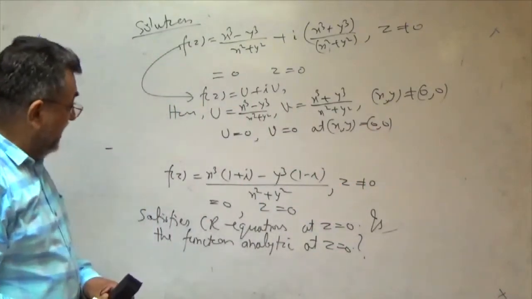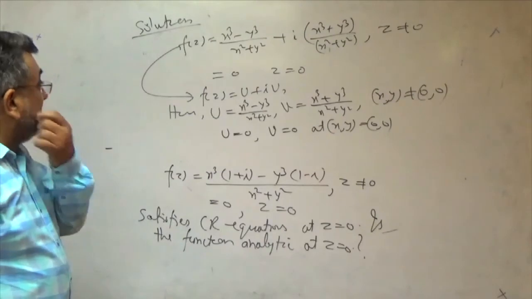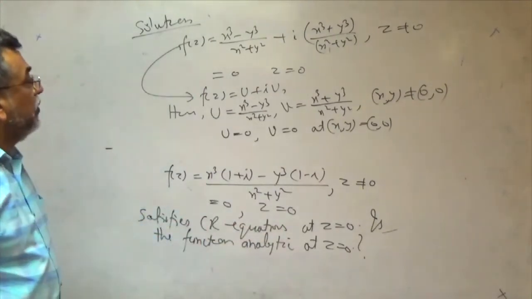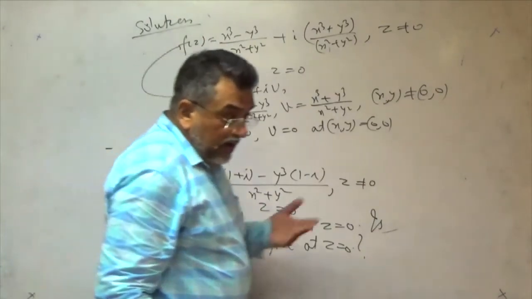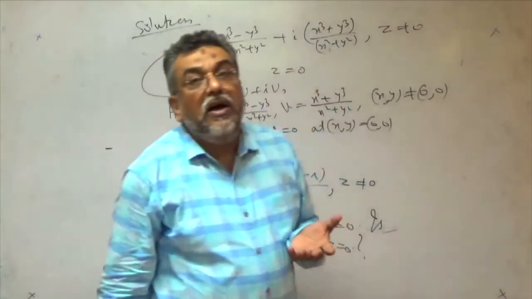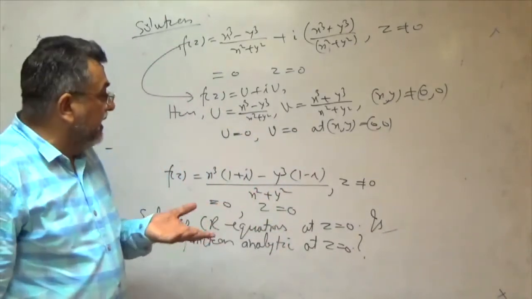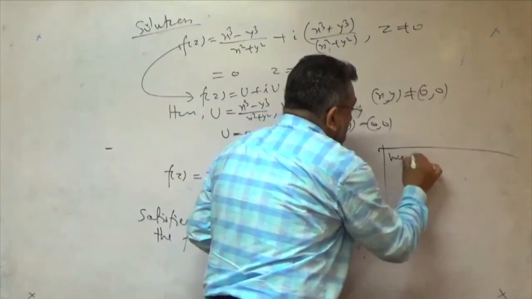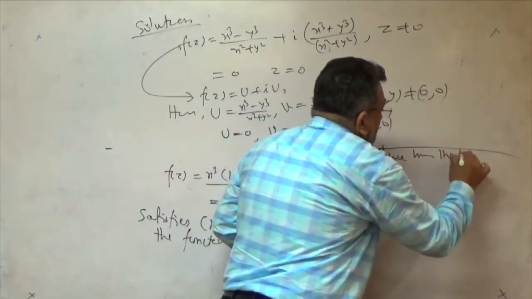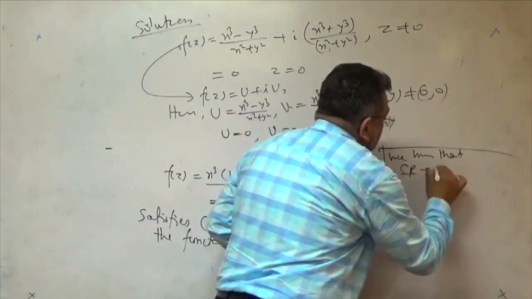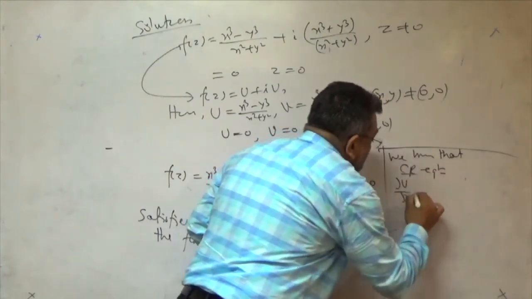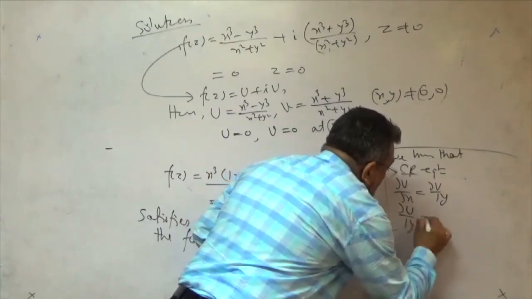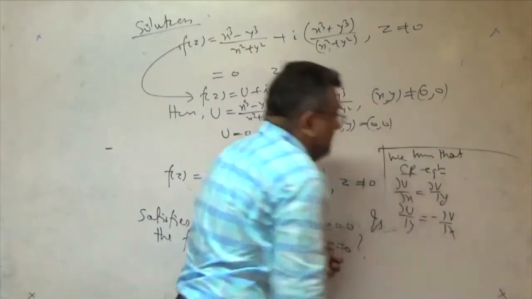Now first we have to show whether this function satisfies the CR equations at z equal to 0. So here first we have to calculate the partial derivatives of u and v, because we know that the CR equations are del u by del x equal to del v by del y, and del u by del y equal to minus del v by del x.